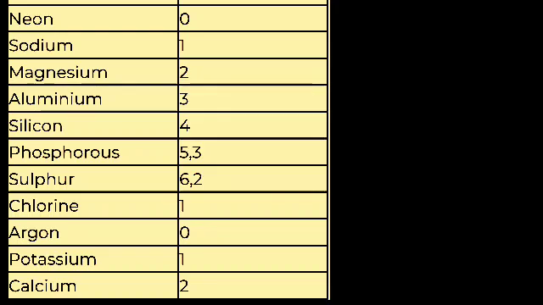Phosphorus has 2 valencies, 5 and 3. Why does phosphorus show 2 valencies? You will know in higher classes, in 10th class I think. For now just learn that it has these valencies. Sulfur has 2 valencies, 6 and 2. Chlorine has valency 1. Argon has valency 0 because argon is a noble gas. Potassium has 1 and calcium has valency 2.